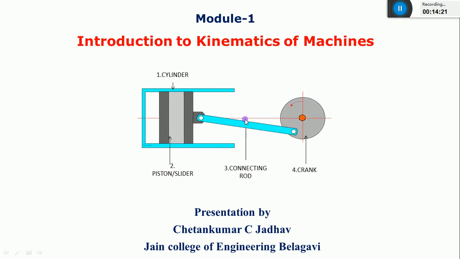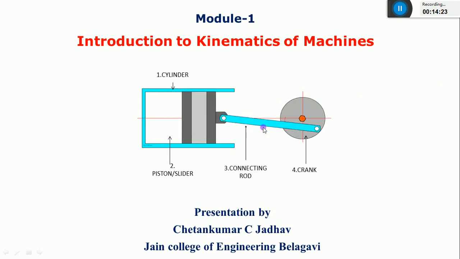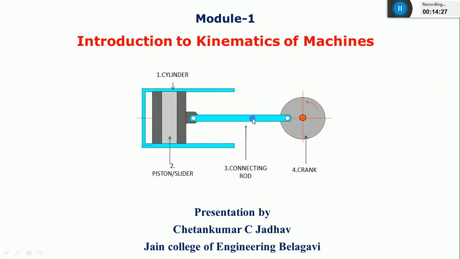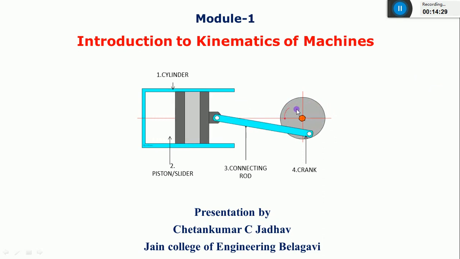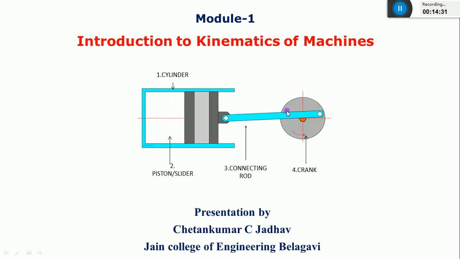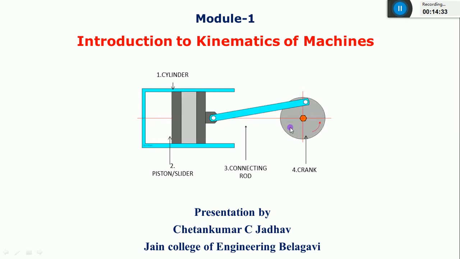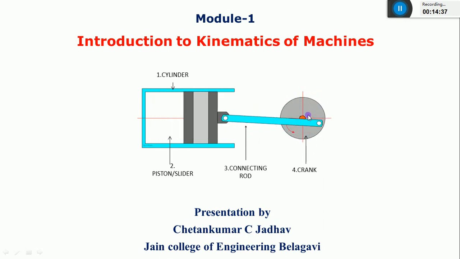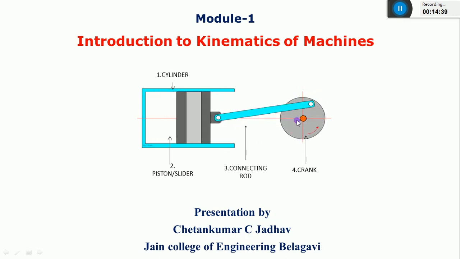The type of motion the connecting rod is having is oscillatory or semi-rotary. And what about this crank? This crank is having a rotary type of motion. And this is a crankshaft. It is also having a rotary type of motion.